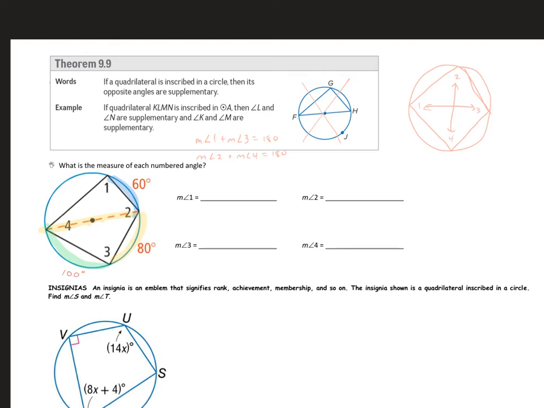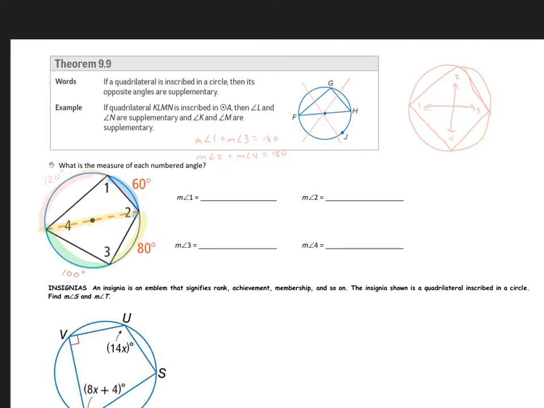So that means the other arc that forms that semicircle, I'll highlight that in a different color. Let's get right here. From here to here, that arc right there is 120 degrees. So that's helpful.